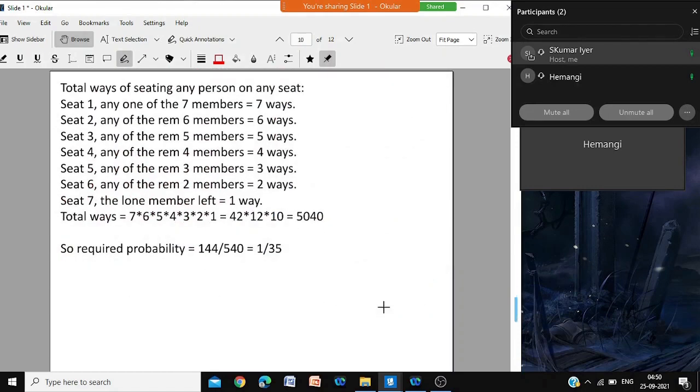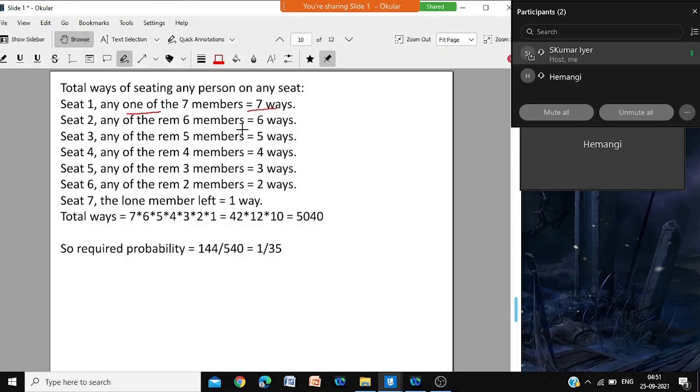Now, this is not finished because we have only said how many ways, but you have to find the probability. Now, supposing you are not given any restriction, any member you can put anywhere. So for seat number 1, any of the 7 members. You don't have to see boy or girl, anyone. So you have got 7 choices. 1 member you have allotted the seat.